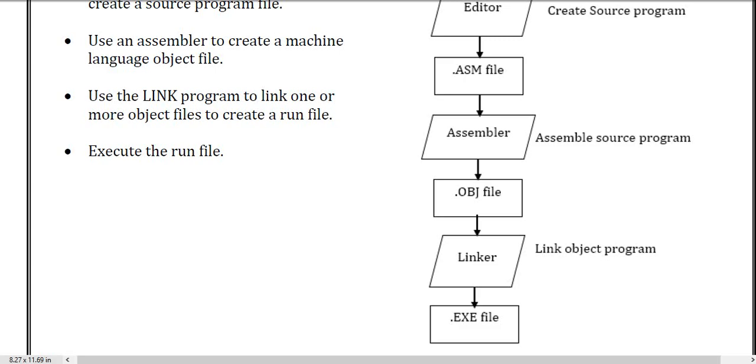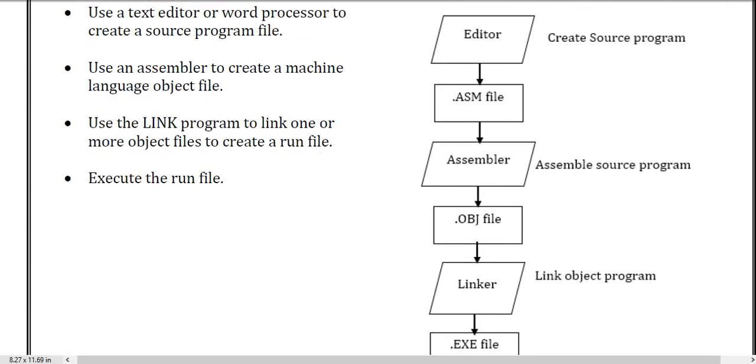Then the linker will take the obj file and turn it into an .exe file, which is the running file on the computer, because all the files we run on our computer are exe files. So this diagram is also very important from your exam question point of view. Have a snap of this one.